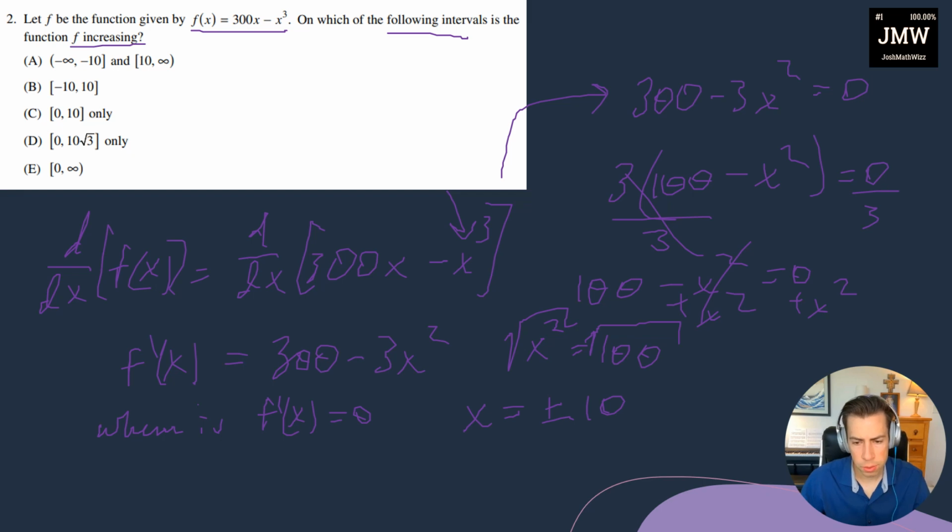Okay, so what I want to do here is figure out where on the number line the function increases or decreases. So I can draw out a number line here. If this is 0, and this is positive 10, and this is negative 10, I want to pick some points.